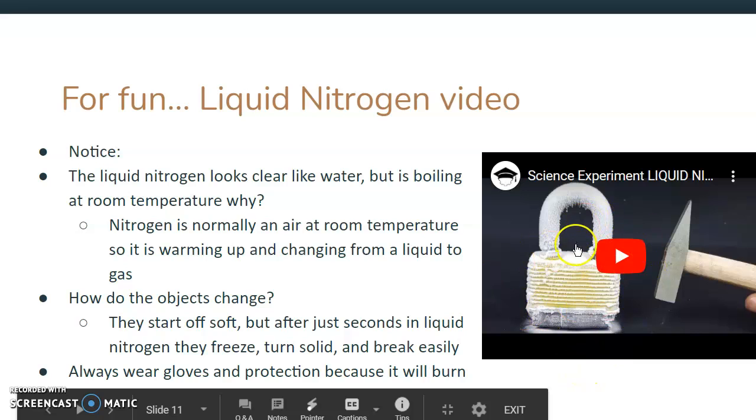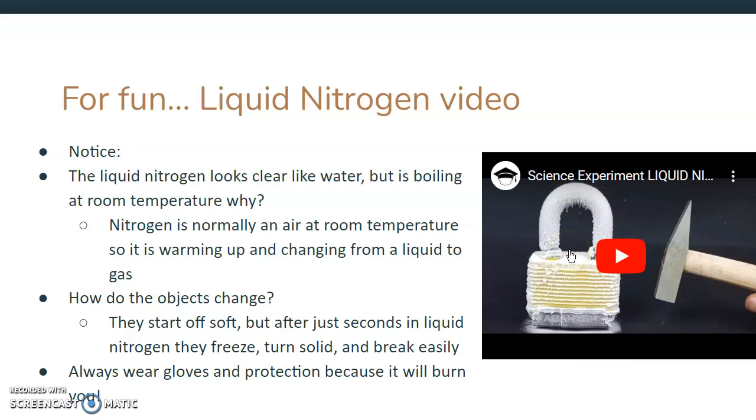a video here that I have linked in the Google Classroom as always, with some fun things to notice as we're watching this liquid nitrogen, just for fun to see how it works. Maybe it will teach you what liquid nitrogen is. It looks like clear water, but it's boiling at room temperature. Why is it boiling?